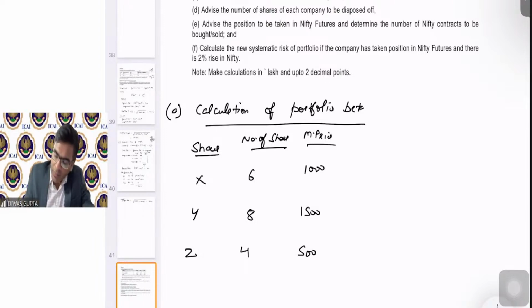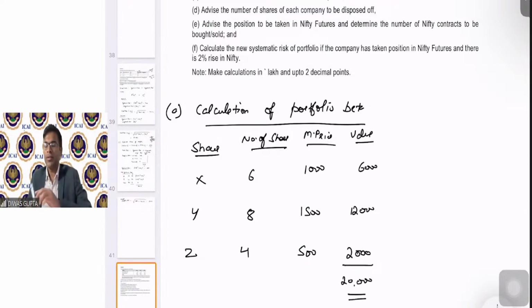So the value will be number of shares into market price. Here it will be 6,000, 12,000, 8 into 15 is 12,000, and then 4 into 5, 2,000. In totality, 20,000. Okay, so these values are in lakhs, correct? These values are in lakhs.